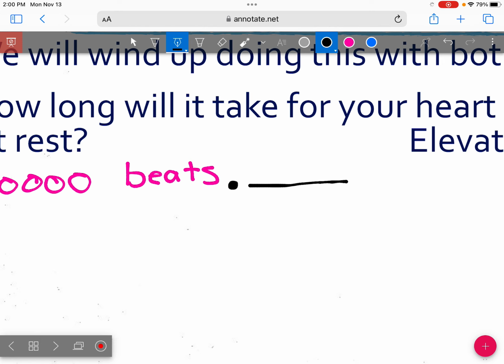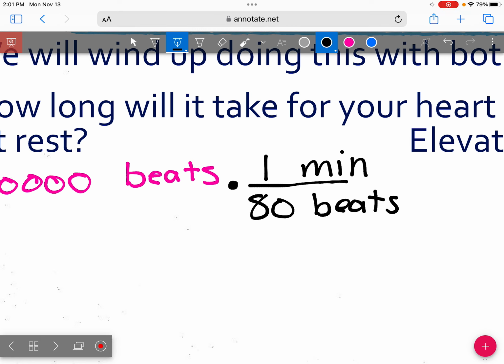So I'm going to take my heart rate, and I'm going to flip it. It's still the same relationship. I still have 1 minute per 80 beats. But do we see why that might be helpful? Because then I can take the word beats and cancel it out.